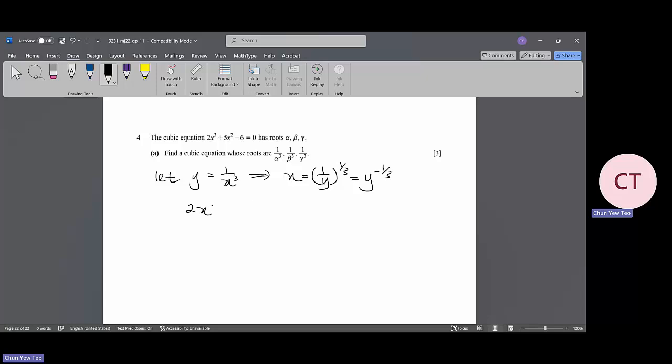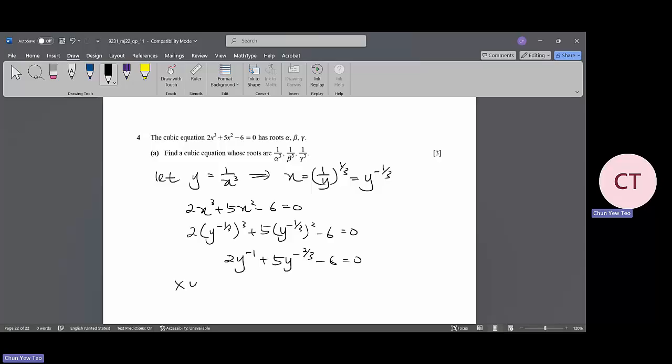So your 2x cubed plus 5x squared minus 6 equal to 0, change your x to become this. Then you get 2y to the power negative 1 plus 5y to the power negative 2 over 3 minus 6 equal to 0.